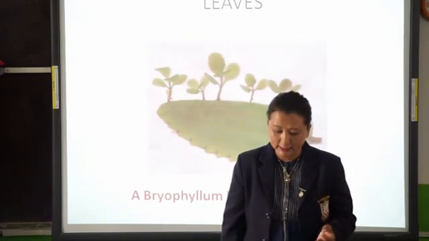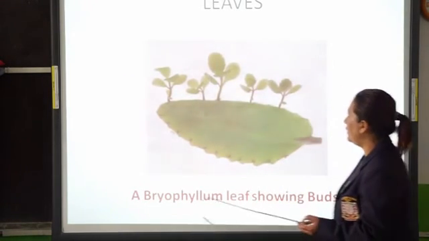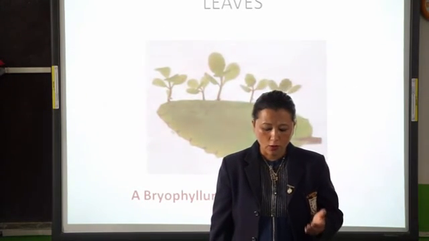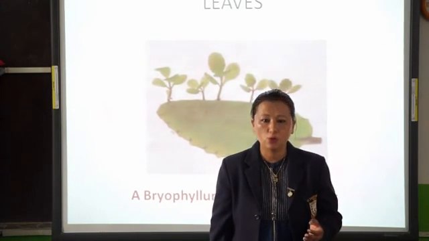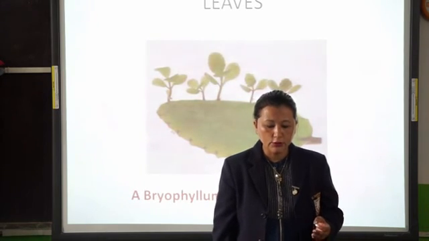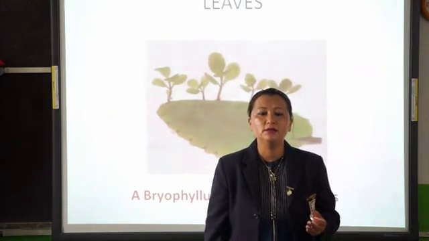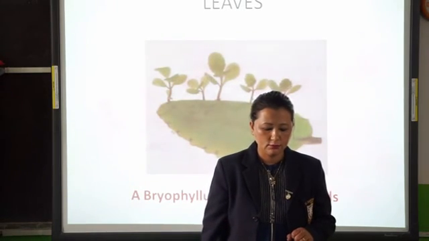Leaves of some plants like bryophyllum grow when they fall on moist soil. So, this completes the chapter Plant Reproduction.